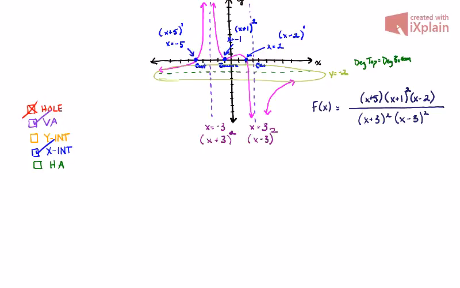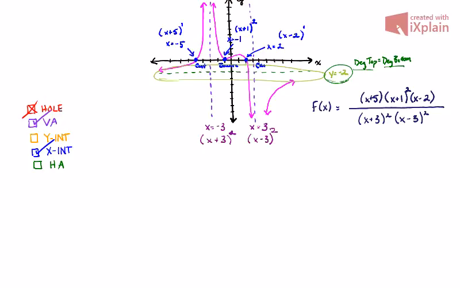Remember that the only options you have are no horizontal asymptote, a horizontal asymptote at y is equal to 0, or a horizontal asymptote that is the ratio of the lead coefficient in the numerator over the lead coefficient in the denominator. In this case, we must have the degree on top equal the degree on the bottom because our horizontal asymptote is not 0 and does exist.